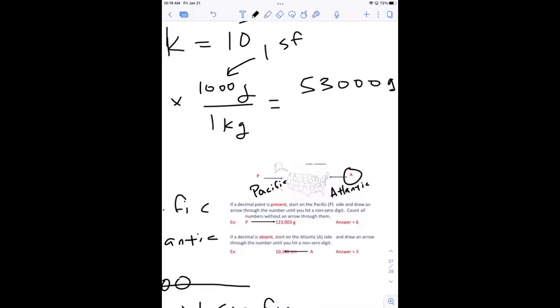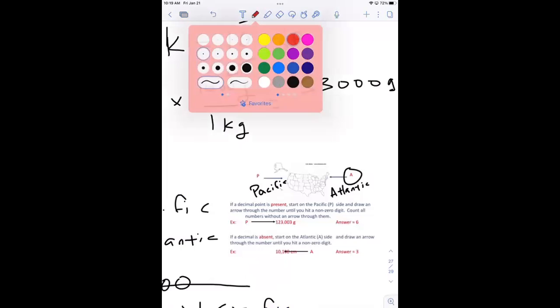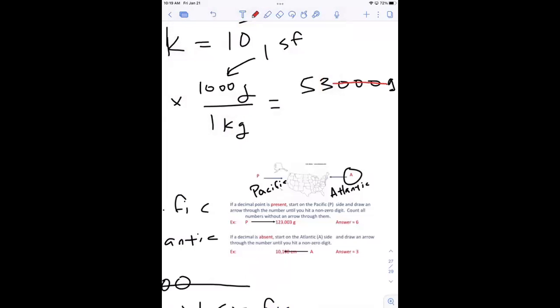Because if we use that Atlantic method again, the first non-zero digit is a 3. How do we write that with 1 significant figure? Would you round, like 5.0? That's good. You're right.